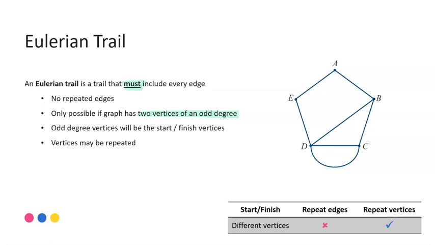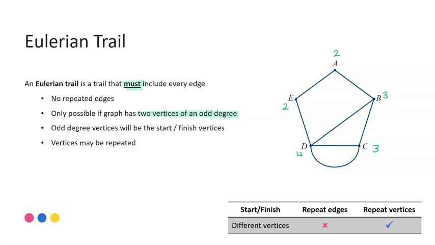If we look at vertex A and just isolate that, we can see A has two exits coming out of it. So we would say that A has a degree of 2. B has a degree of 3. C has a degree of 3. D has a degree of 4. And E has a degree of 2.